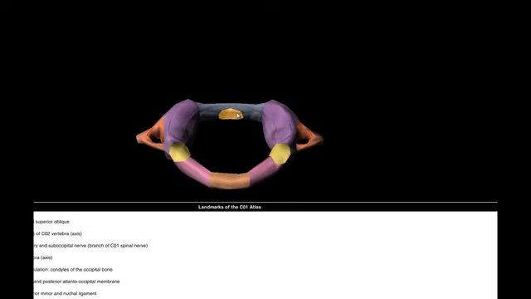So when I look anteriorly along the anterior arch, there is a facet, which is what articulates with the dens.